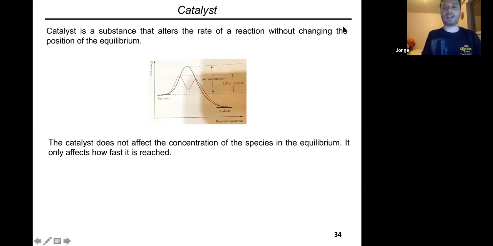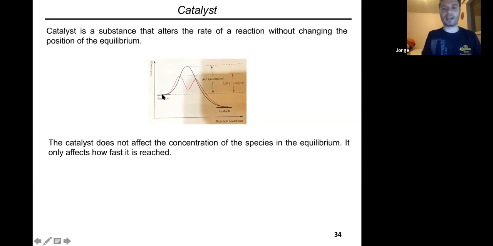A catalyst is a substance that alters the rate of a reaction without changing the position of the equilibrium. The way the catalyst alters the rate of a given reaction is by decreasing the activation energy, as you can see here in this energy diagram.